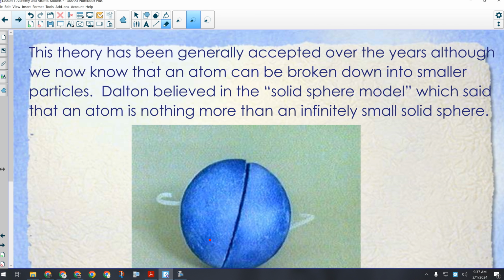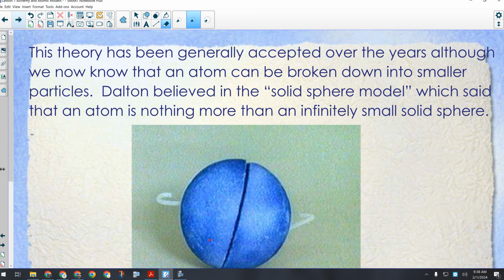The problem is people were doing experiments and their results didn't fit with this model. In particular, a guy named J.J. Thomson was doing experiments involving what we now call electrochemistry. So he was performing reactions that would result in an electric current being produced. These were the reactions that led to the development of the battery.